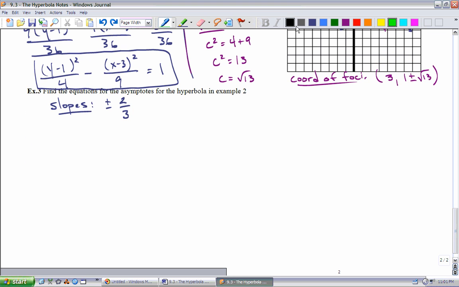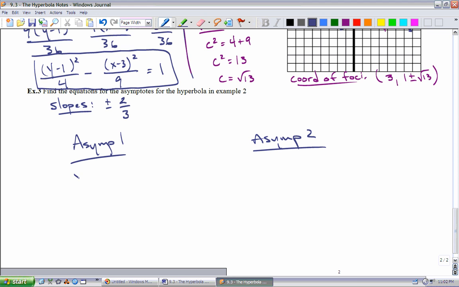So quickly here are the equations of our asymptotes. Let's say here's asymptote 1 and asymptote 2. Alright.